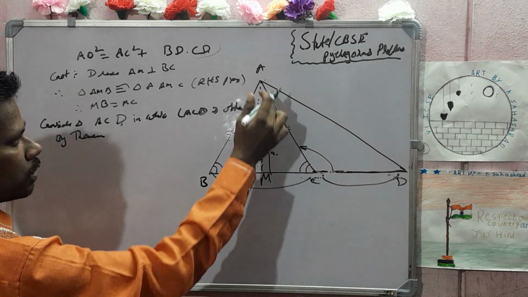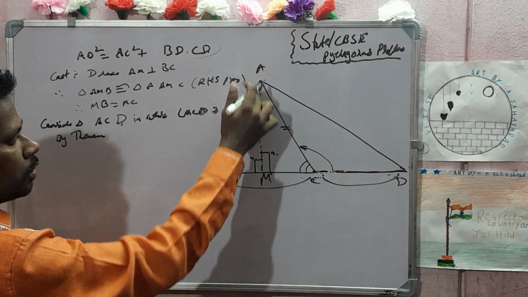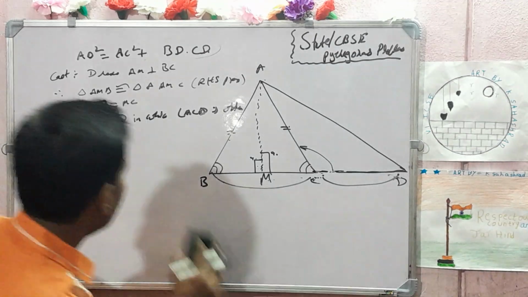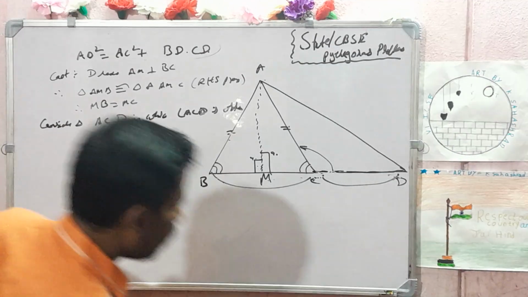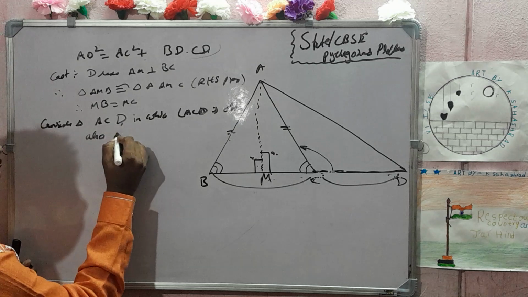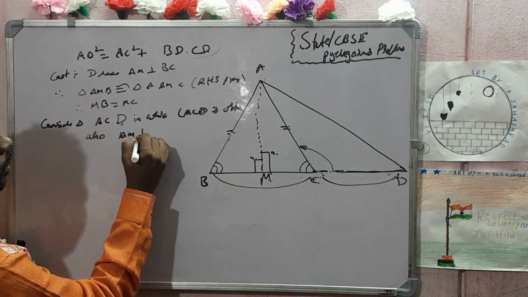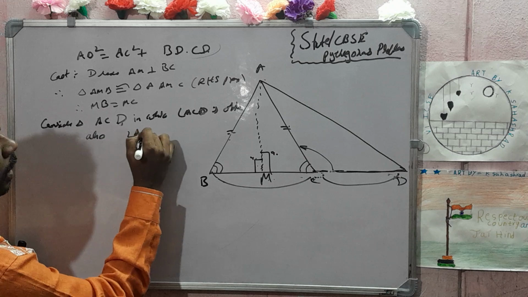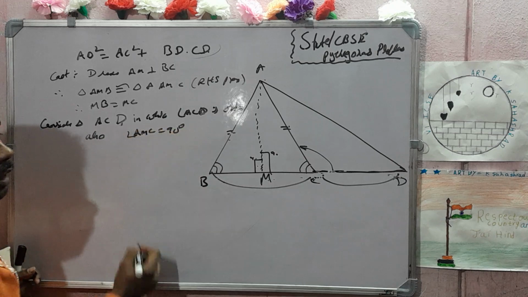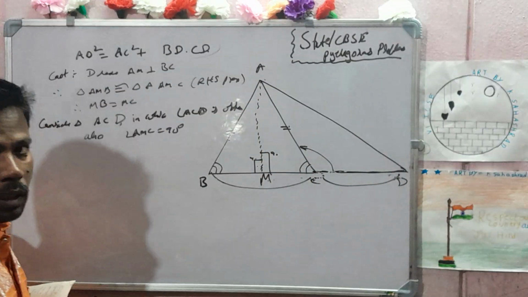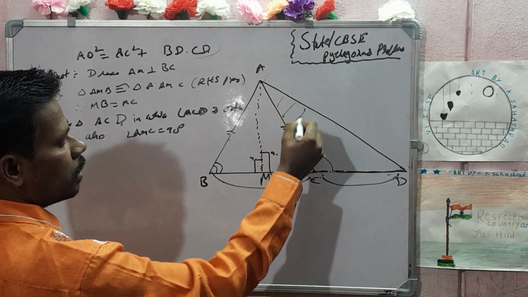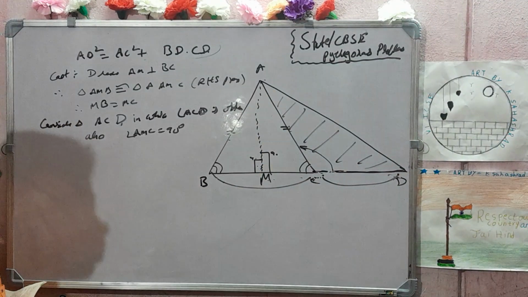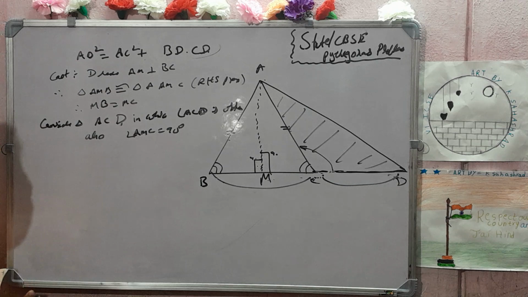Moreover, AM is perpendicular, so angle AMC is equal to 90 degrees. Therefore, if you consider this triangle, and this is the hypotenuse, apply the theorem.